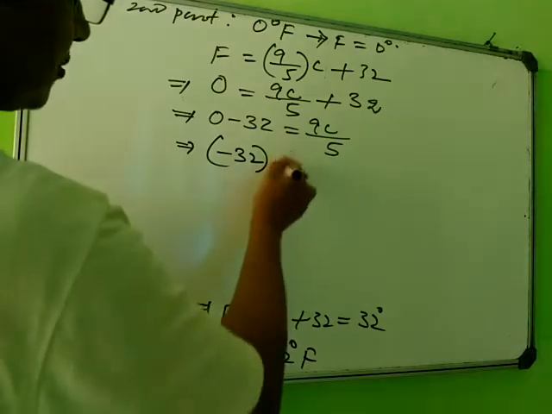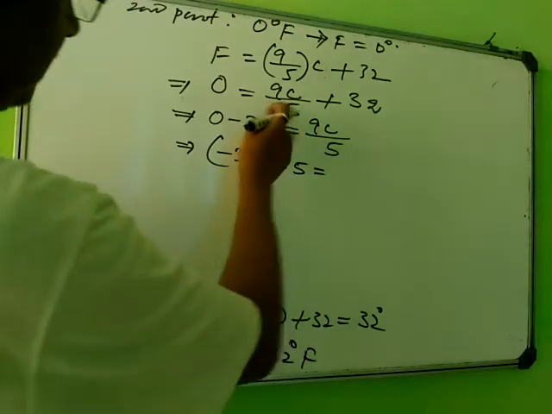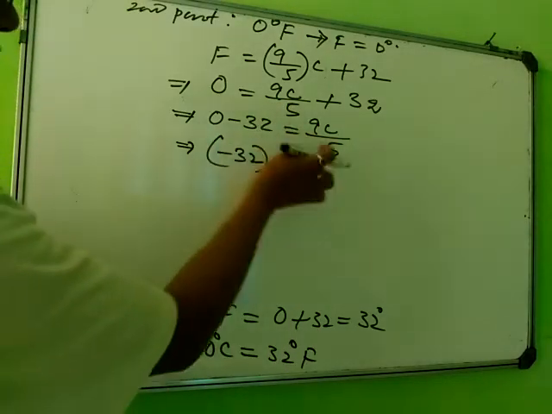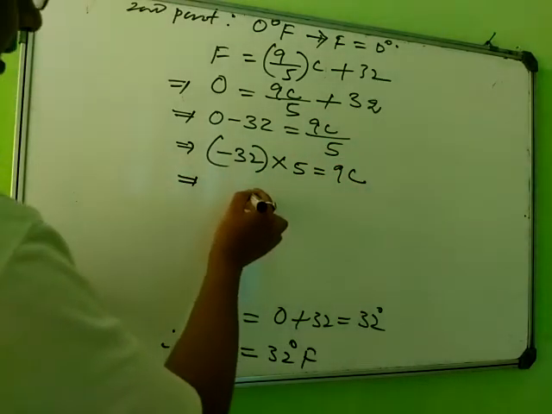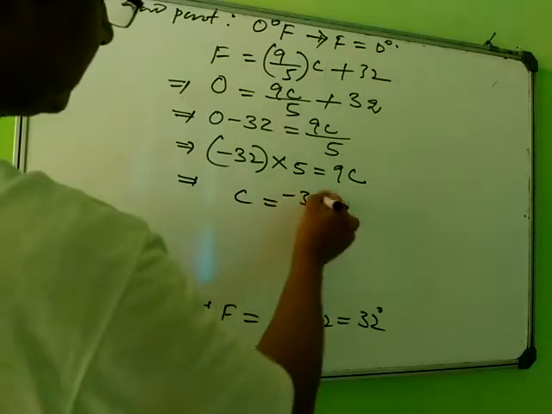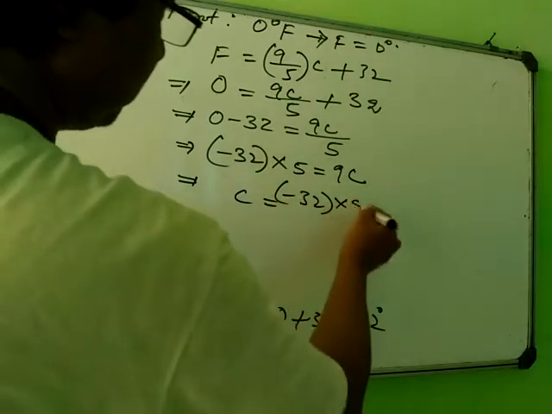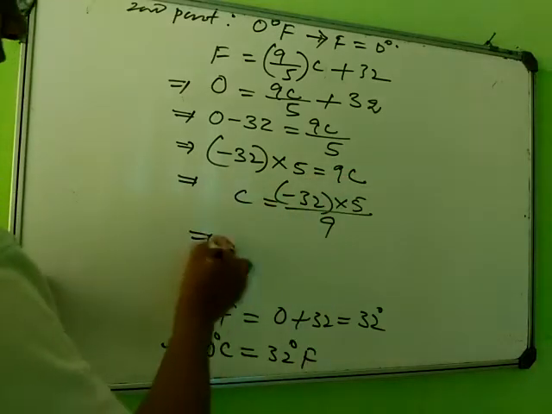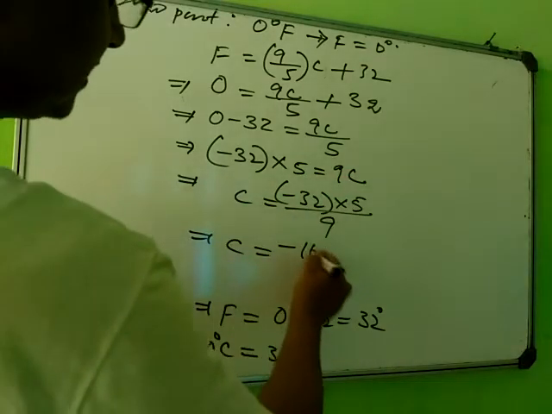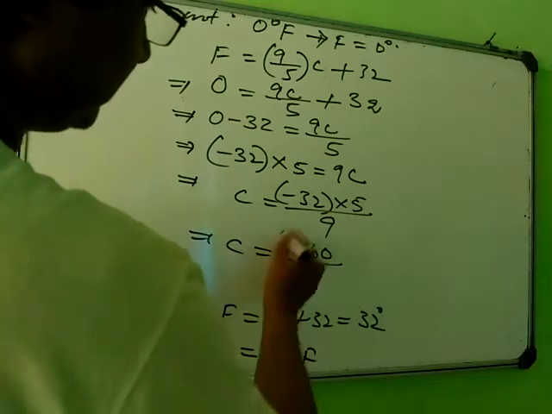Now you just cross multiply by 5. So you get minus 32 into 5 equals 9C. So here C equals minus 32 into 5 divided by 9. So now you get minus 160 divided by 9 degree.